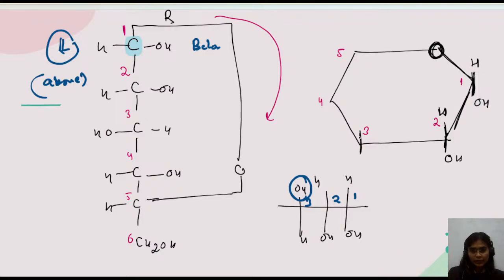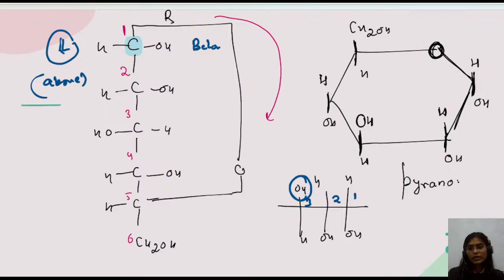Fifth carbon: CH2OH above and hydrogen below. So the structure is ready, and this type of structure is known as the pyranose structure of glucose. Observe for some time.